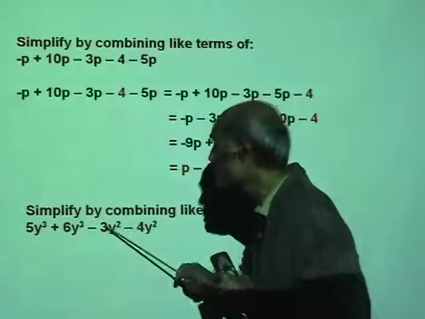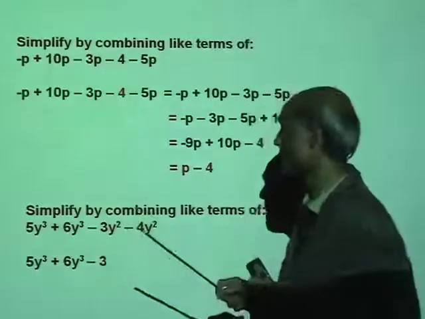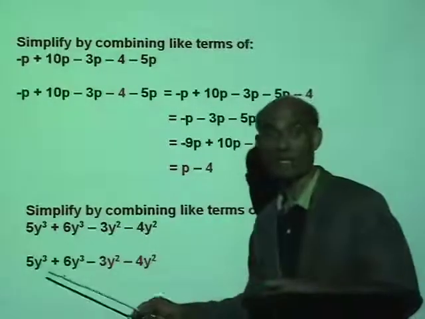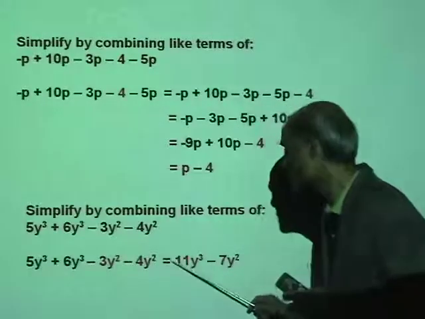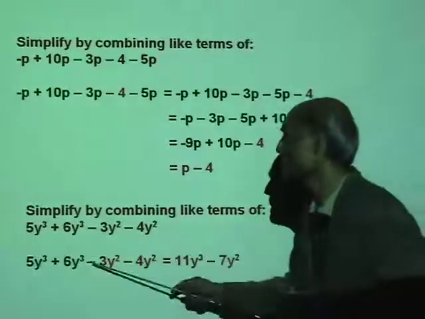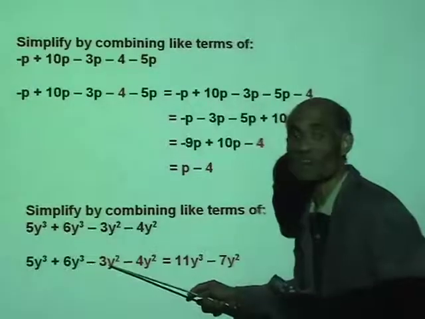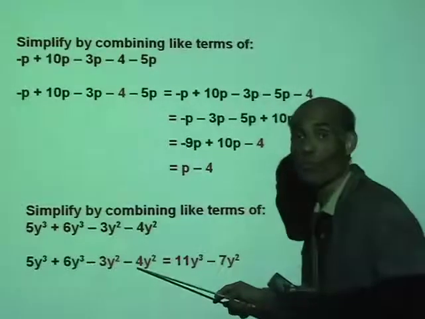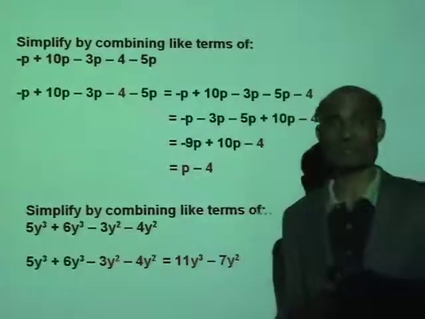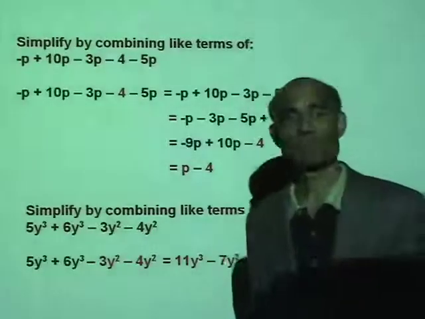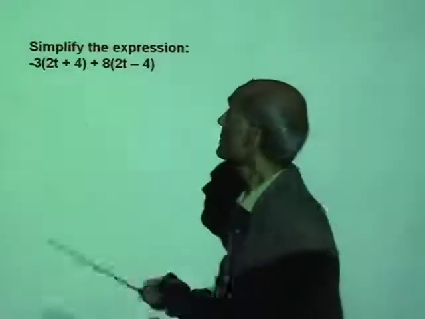That will be negative 7y squared. Alright, so 5y cubed plus 6y cubed is 11y cubed, and minus 3y squared minus 4y squared is minus 7y squared.